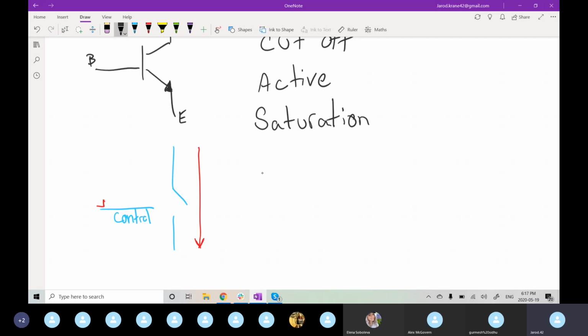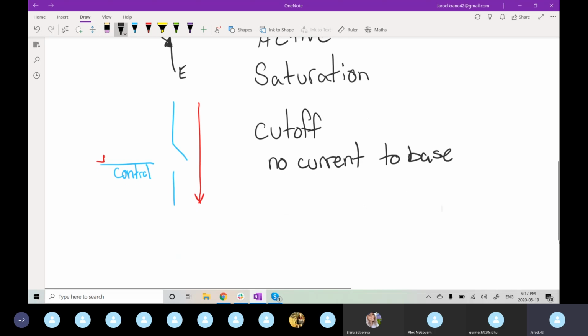So when we are in cutoff, this is basically we're sending no current to the base. So by not sending a signal on our base pin, keeping this just a 0, it's not going to trigger the switch to close.